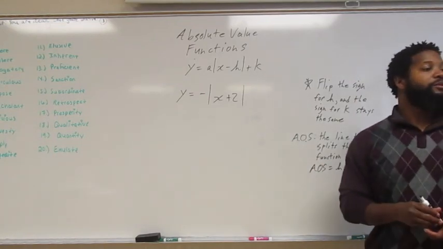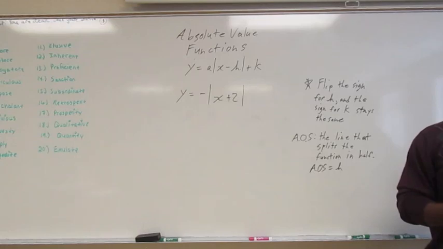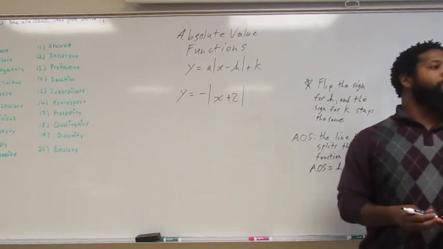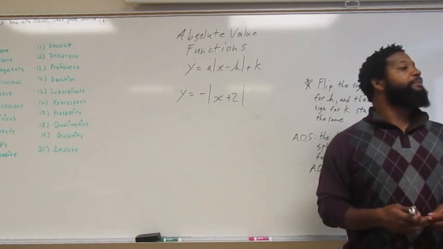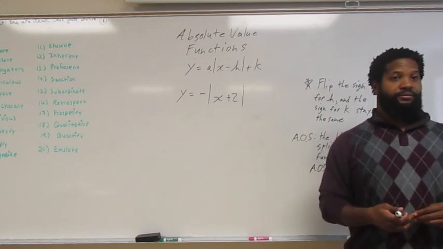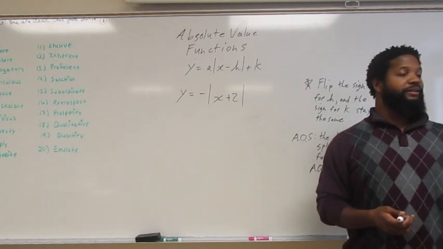First things first, what is our a? Is our a positive or negative? Negative. It's a negative, so therefore would our function be pointing up or down? Down. It's pointed down, right?